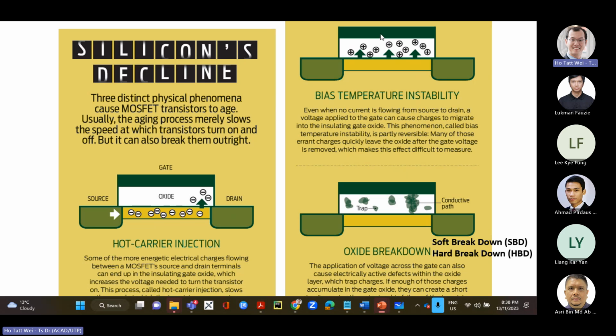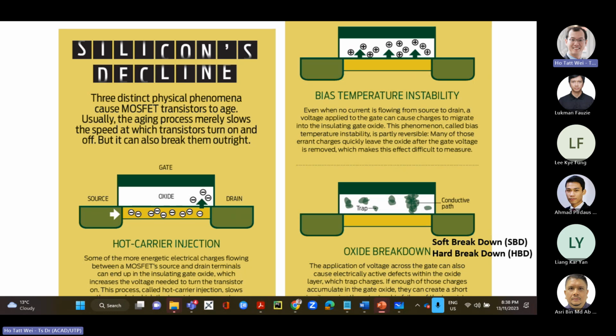If you're holding a logic 0 at the gate of an NMOS, you're not inducing BTI because there's no channel being created. But if you have a logic 1 here, then that NMOS will be suffering from BTI. So NMOS transistors that you hold with the gate at logic 1 for a very long time will have a tendency to age faster under BTI, but that would be positive bias temperature instability.